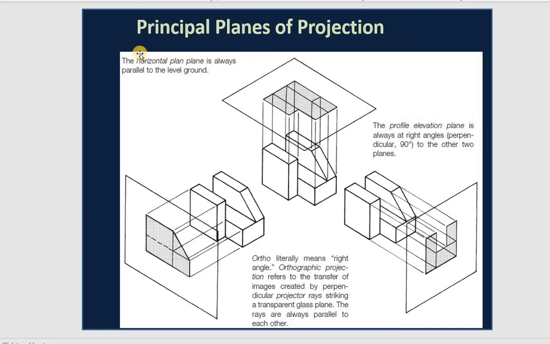The first one is the horizontal plane, the plane parallel with the ground where you stand to look at the project. The second one is called the projection plane. That means the plane is 90 degrees. This plane is 90 degrees with the ground and with the other sides of the project.